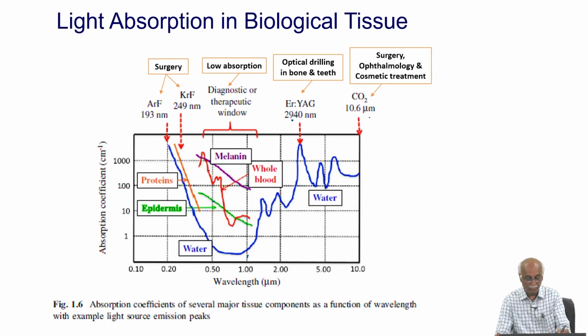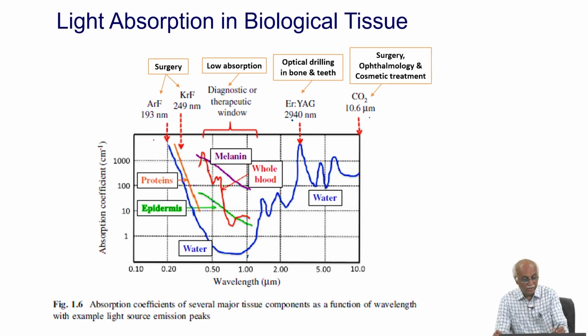For example, the blue line is water absorption at different wavelengths, and you can see that there are certain wavelengths where the absorption is quite large.